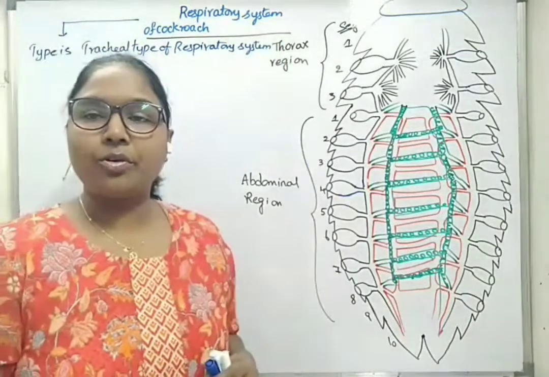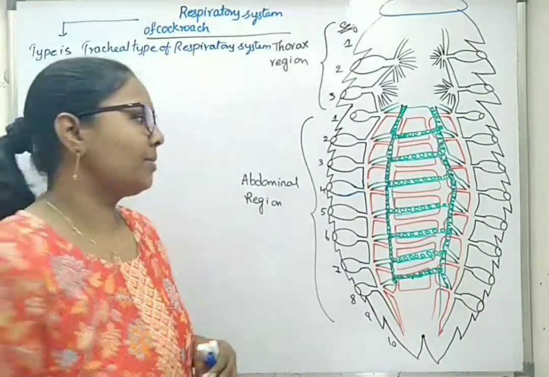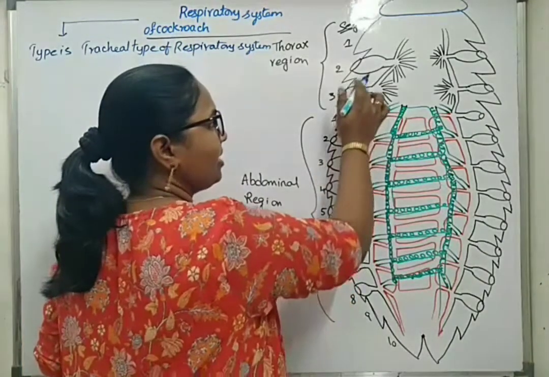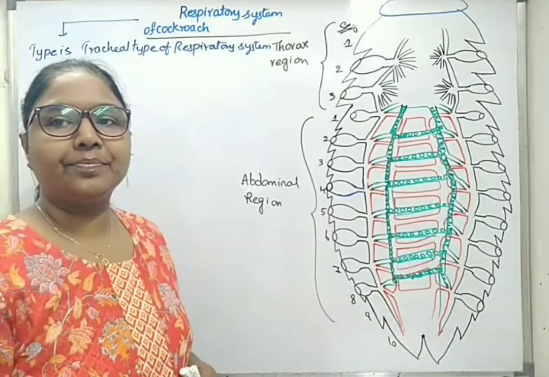The respiratory system of cockroach is also called polynuclear type of respiratory system, because here we see some bulged structures. These entries are called spiracles.